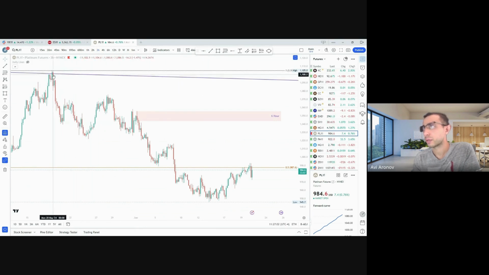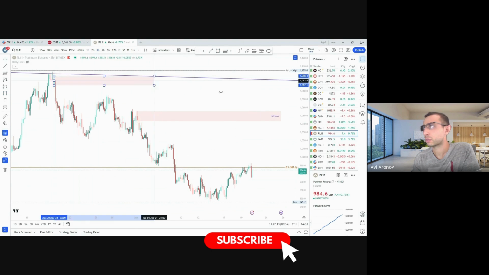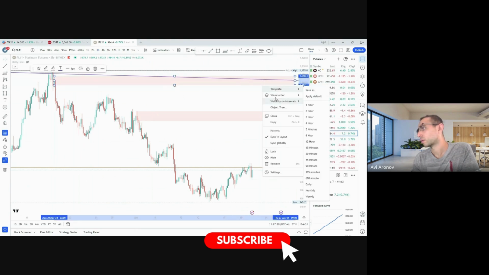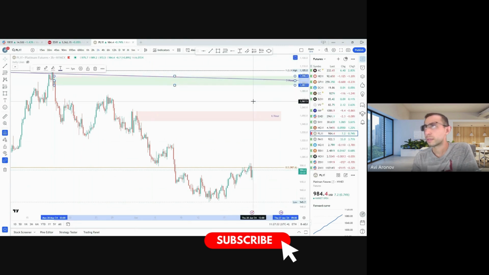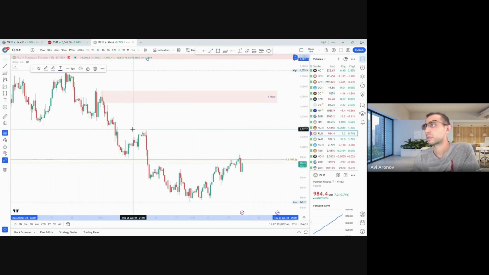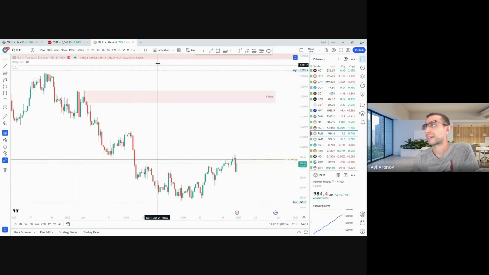I just don't like one thing that is within the move to the downside, but I like it overall. I like this zone more than that, I will be honest.